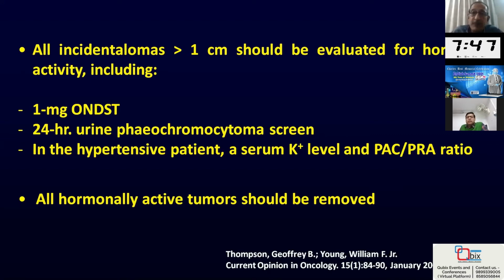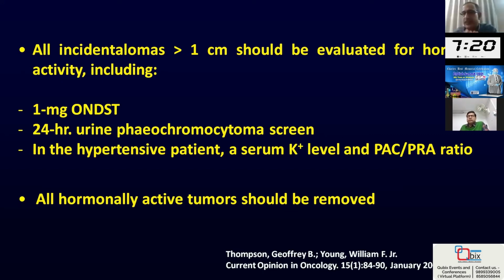Only if the patient is hypertensive, like this patient, then you should think about sending plasma aldosterone and plasma renin activity for a PAC-PRA ratio, and we can discuss primary hyperaldosteronism if you have time later on. And all hormonally active tumors have to be removed. So you found a lesion in the adrenal, you decided it's not a pseudotumor, it's an adrenal tumor. Then you decided it's not a non-adenomatous mass, but it is an adrenal adenoma.